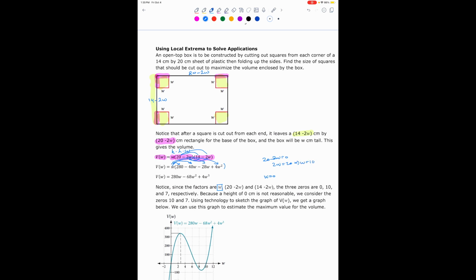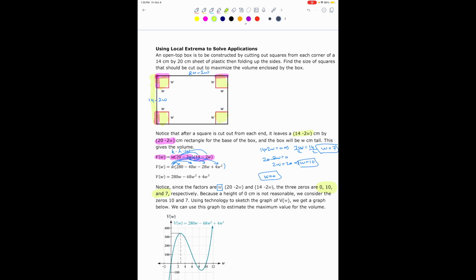So that is the second zero. And then the third zero is 7. Again, set 14 minus 2w equals 0. That leads to 2w equals 14. Divide by 2, you get w equals 7. So here are the zeros from the factors.